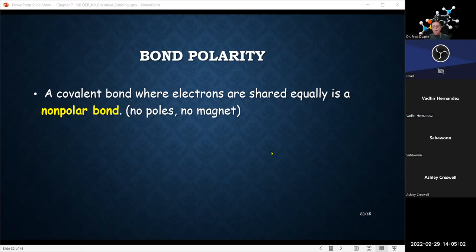The Earth is polar. Think about it. We have a North Pole and a South Pole. The battery that runs your electronics is polar. We have a positive and a negative. So what's going to happen, if you give it some thought, is that when we get into a polar bond, there's going to be an area that has a little bit of a pole, not a full charge like ionic compounds, but a little bit of a charge because it's pulling the electron density onto itself.